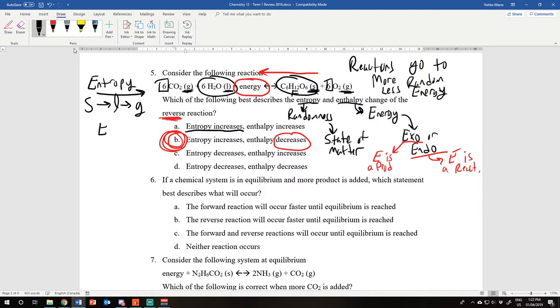And then enthalpy: exothermic, endothermic, so enthalpy increases going that way. Okay, so for entropy, solid, liquid, gas, as you go towards a gas, the amount of entropy increases. With enthalpy, endothermic has increasing enthalpy, and exothermic has a decreasing enthalpy. Okay, all right.